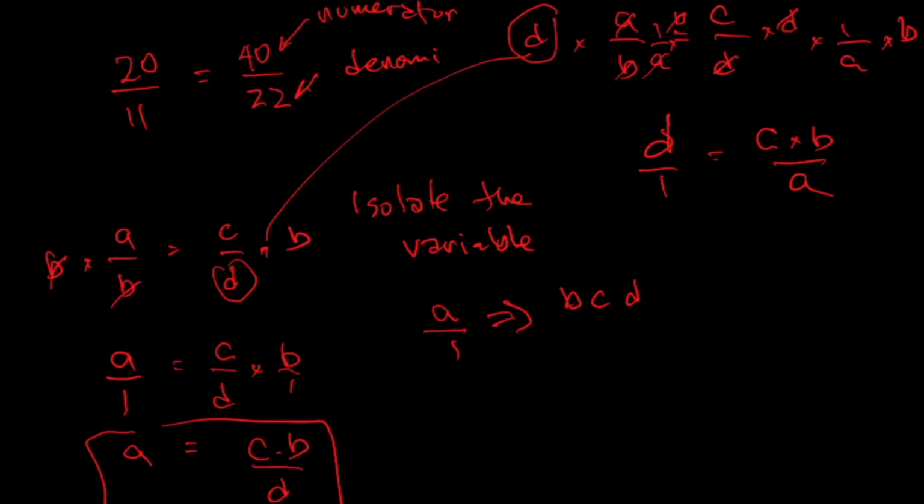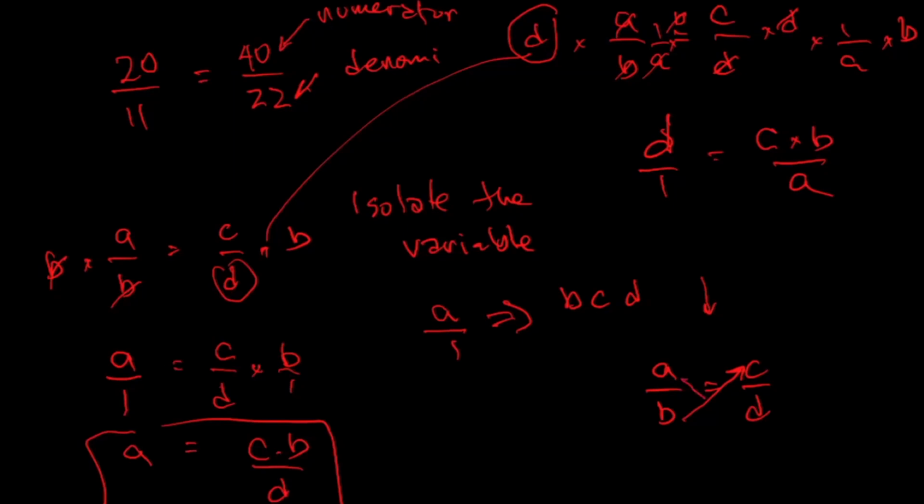And the shortcut is the following. When you have ratios like this, the quick and dirty way of doing this algebra is that whenever you move a variable across the equality sign, it has to go across as an opposite. So B needs to go to the numerator when it goes across the equal sign.